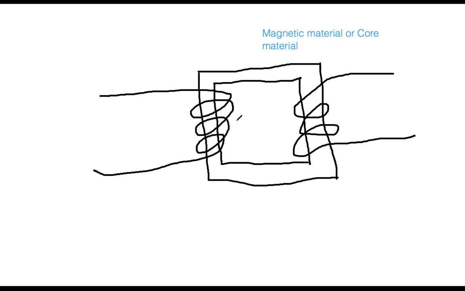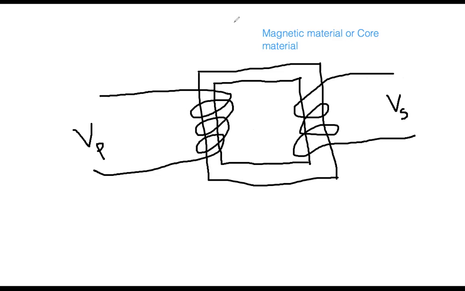side. Therefore, as you can clearly see, there is no direct connection between this coil and the right side coil. So the left side coil is my primary. Here I will be applying the voltage VP, primary voltage. And on this side, we will develop the voltage.